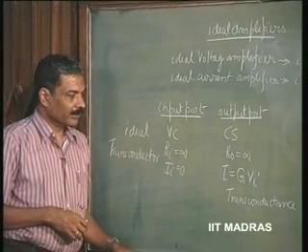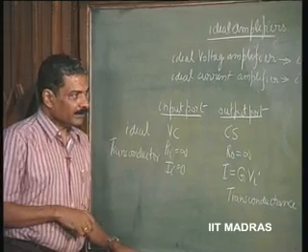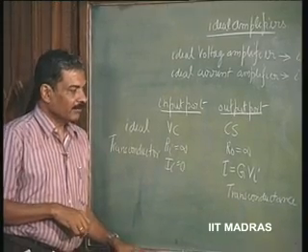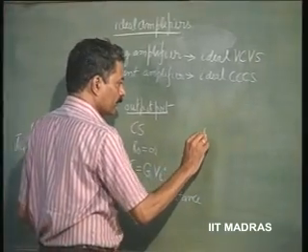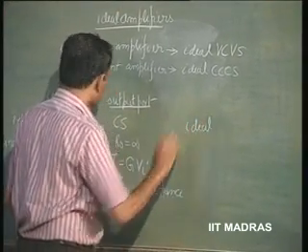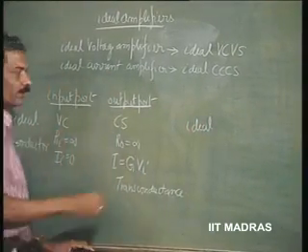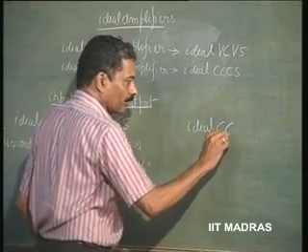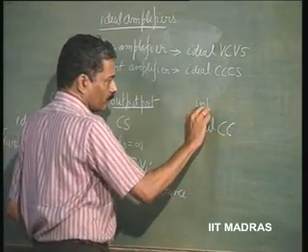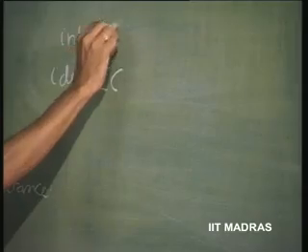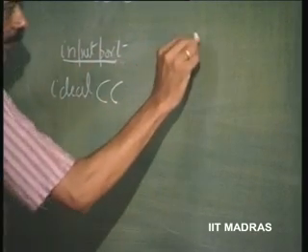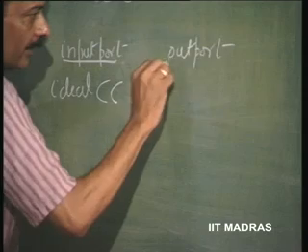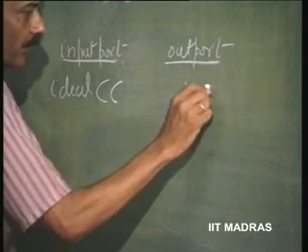Okay. As against this, we have the ideal one, where instead of voltage control, it could be current controlled at the input port, and at the output port it could be a voltage source.